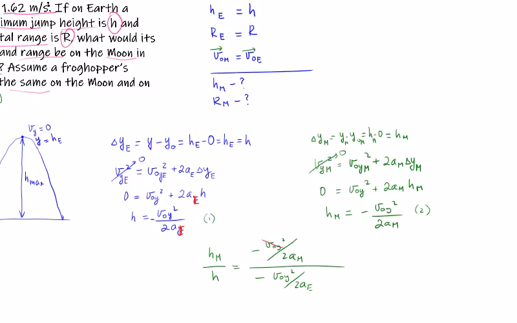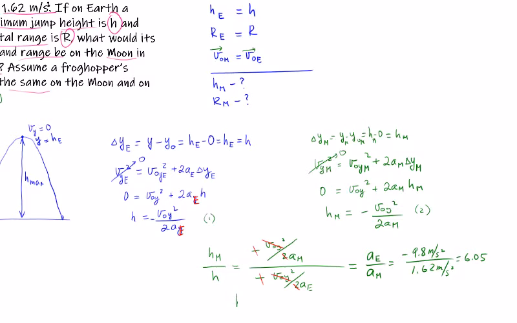Now this will cancel out, the negatives will go away, the 2 will cancel out, and we'll end up having h_moon over h_earth equals a on earth divided by a on the moon, which is negative 9.8 meters per second squared divided by 1.62 meters per second squared, and this should give us 6.05.